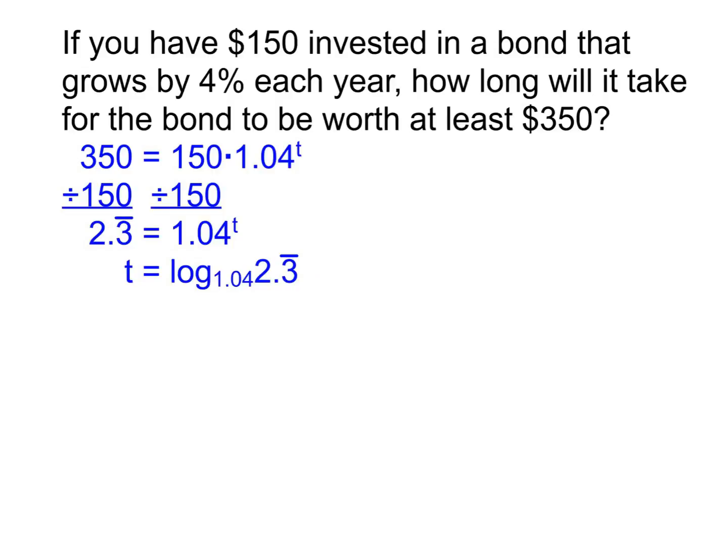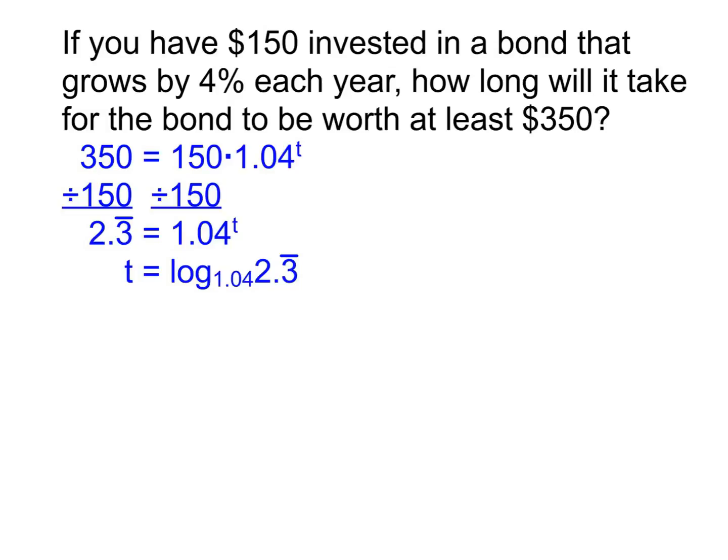When we do that, of course, the number that's raised to the power, that's the base. Log always equals the exponent, so that's why it equals t. And of course, this number that the exponential equals, that's what goes into the log. When we calculate this then, it's going to tell us what the exponent is, because of course that's what log does. So now I need to calculate this.